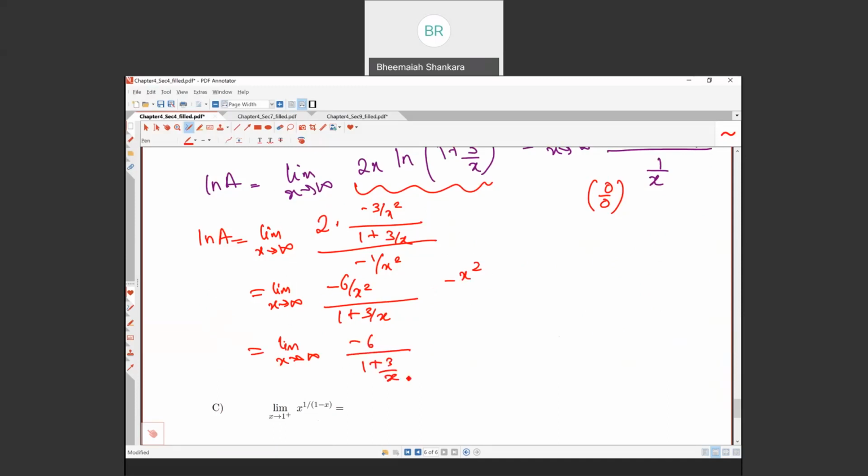Now plug in x equal to infinity, you have -6. So after all this hard work, we are getting ln a equal to -6. You can rewrite this as a equal to -6, or sorry, it cannot be -6, but rather it is exponential -6.